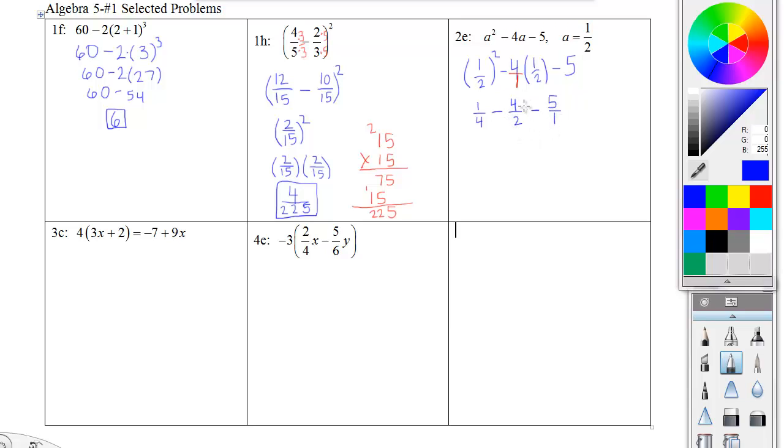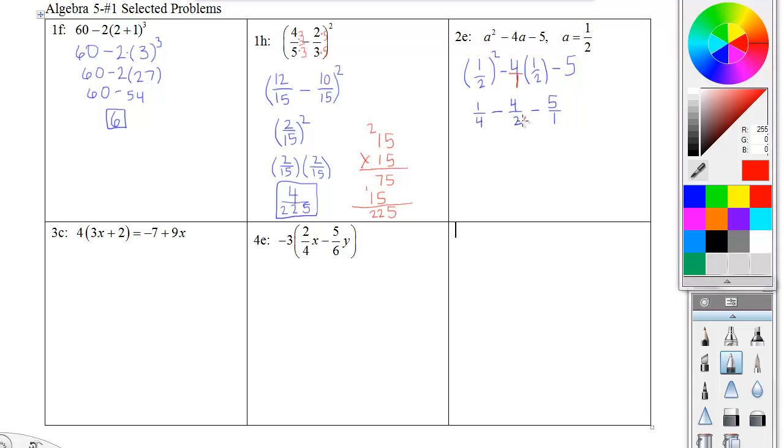Now 4 over 2 is really just the number 2, and I could write it that way and that would be fine, but eventually I'm going to have to make it a fraction with 4 on the bottom, because this one has the 4 and I need to combine them.